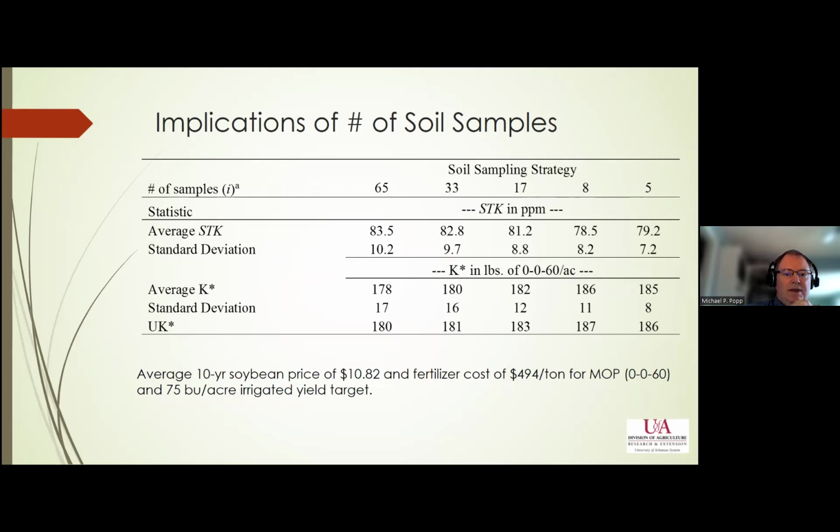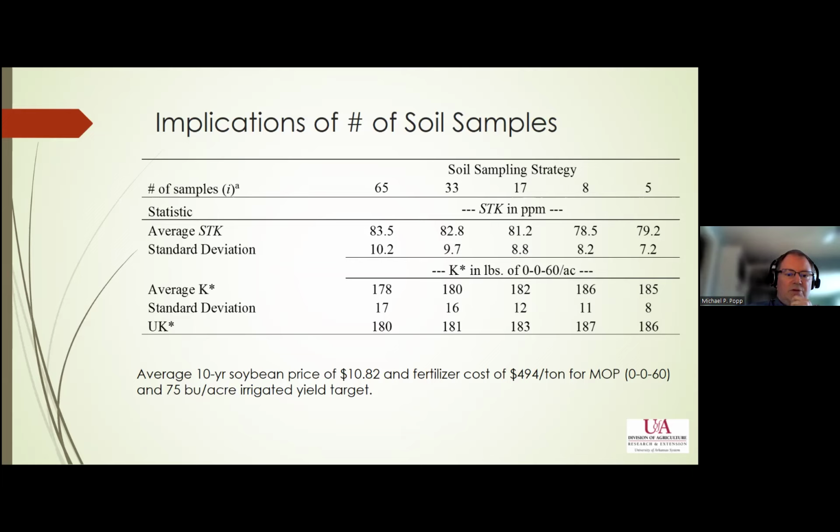And when we compare the K-star or the profit maximizing K rate with the 65 soil samples to the one with just 5 soil samples, we see that we put on less with more information. And for the URT rate, we also put on less because the average moves in the same direction.